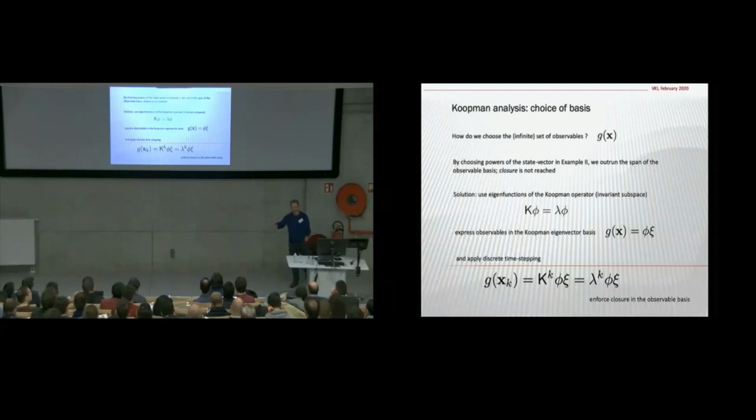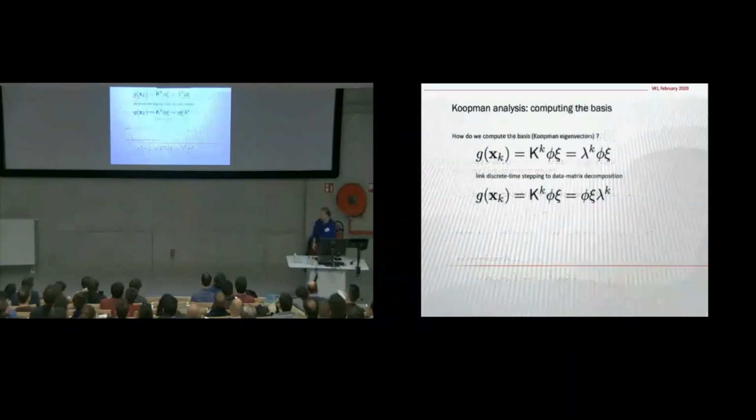Every k pushes it over one time step from snapshot to snapshot in our observables. And that one is just lambda to the k times phi times psi. And that enforces closure almost automatically, right? Because the eigenvectors fold back onto themselves. There's no running away of the basis.